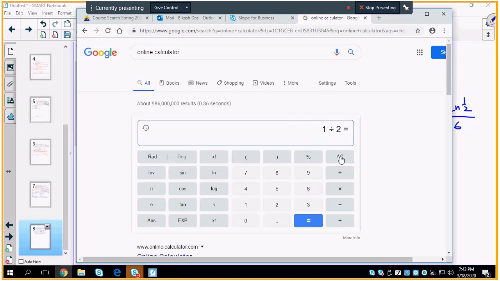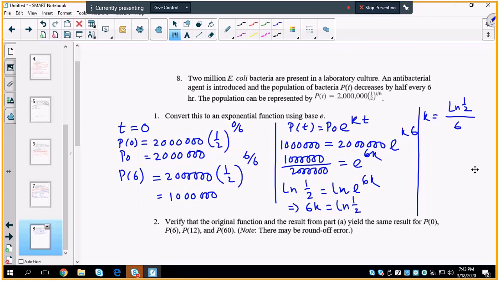1 divided by 2, take the natural log of this answer and divide it by 6, rounded to 4 decimal places. So that's negative 0.1155. So k is negative 0.1155. So the decay equation will be given by P of t equal to, remember P naught is 20,100,000, times e to the power negative 0.1155t.